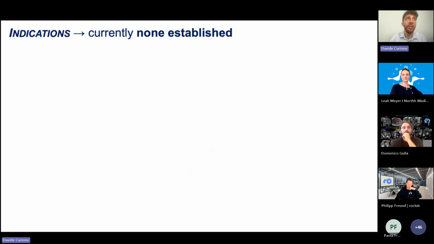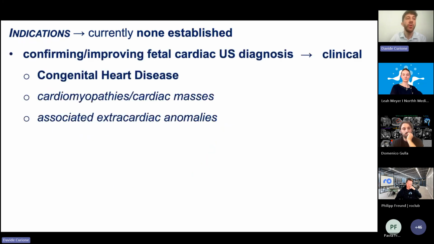We currently don't have any established indication for a fetal cardiac MRI. We've tried to use it clinically to confirm or sometimes refine fetal echocardiography, mainly in congenital heart disease and to a lesser extent in cardiomyopathies and cardiac masses. And also it is useful, as Paola said, for associated extracardiac anomalies.